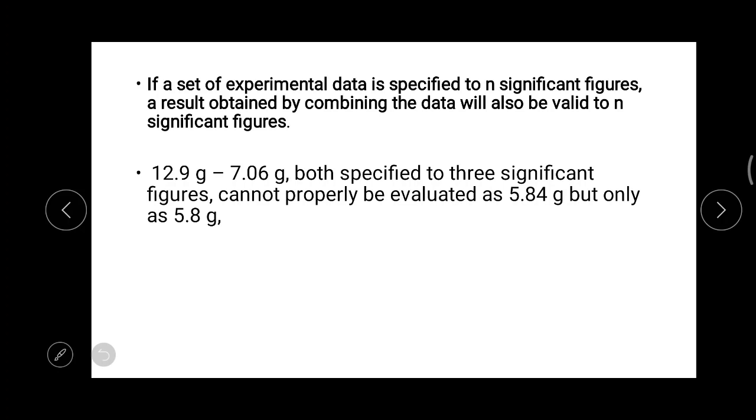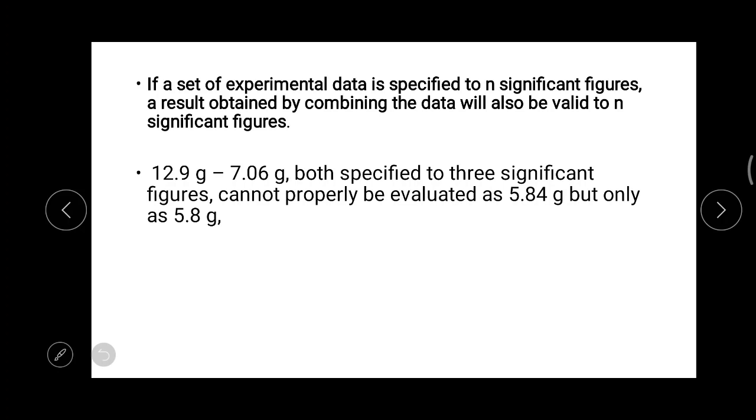That means if the individual values have n significant figures, then the resultant value should also have n significant figures, isn't it? That we have already studied in the arithmetic operation rules. But in the case of addition and subtraction, there are some exceptions. We are not going for the significant figures, but we are focusing on the decimal places, isn't it?